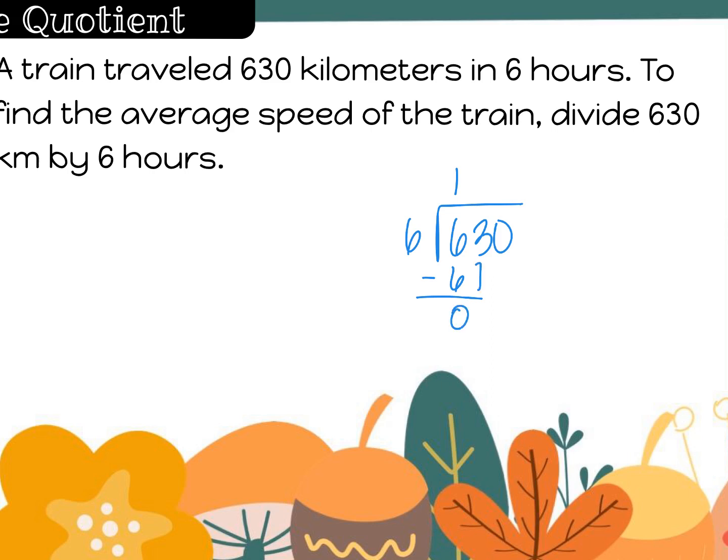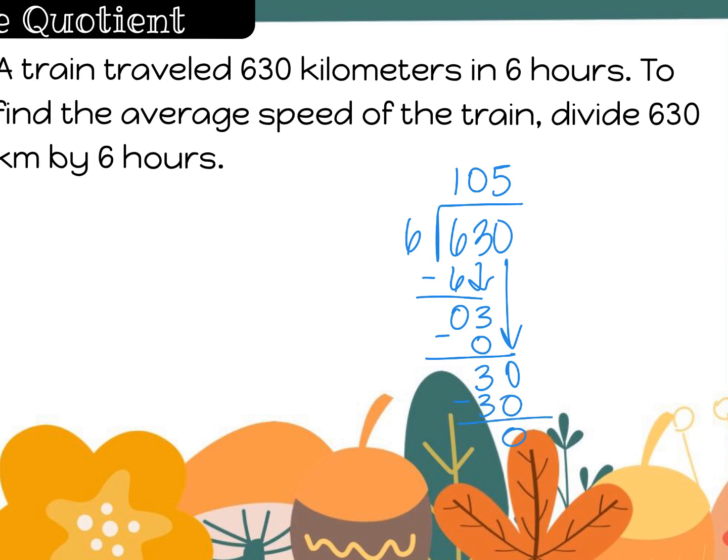You bring down a 3. 6 can't go into 3 any time, so you put a 0 up there. You put a 0 below the 3. You subtract, you get 3. You bring the 0 down, and 6 can go into 30 5 times. Then you subtract 30 from 30 and you get 0.